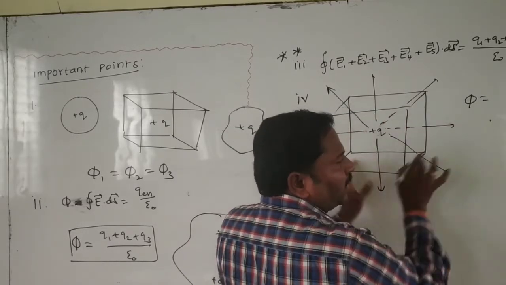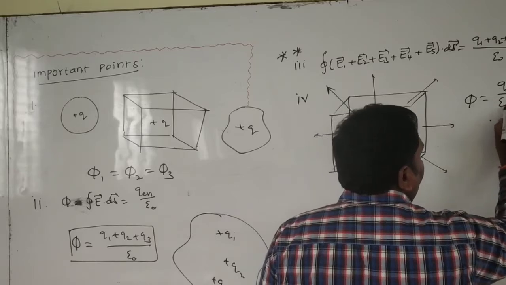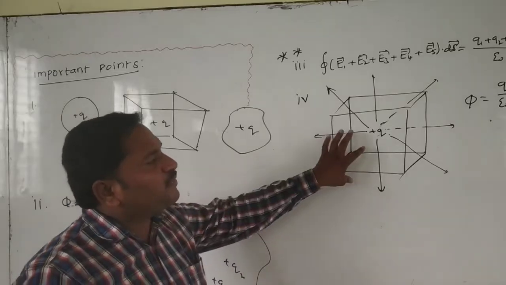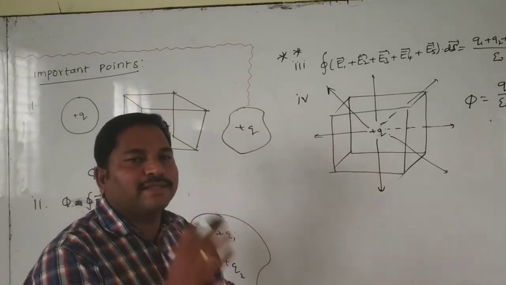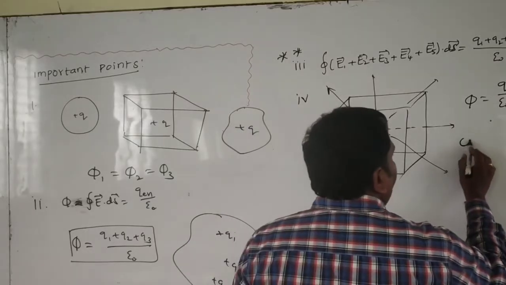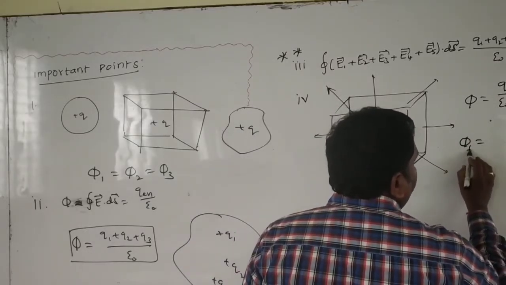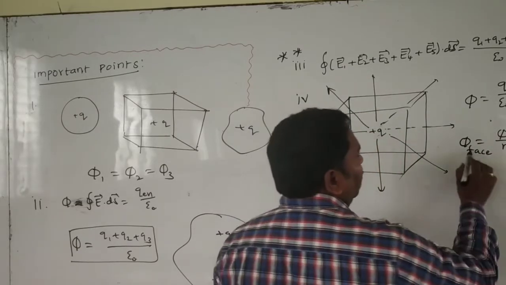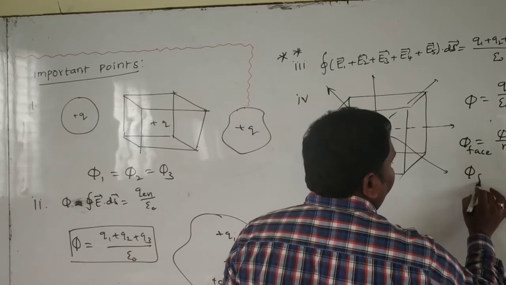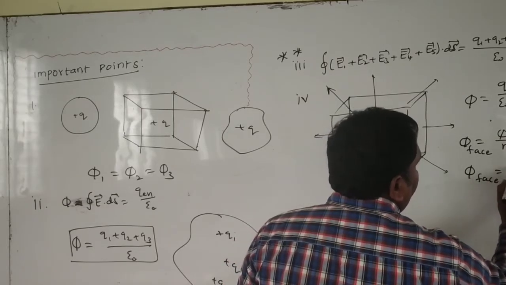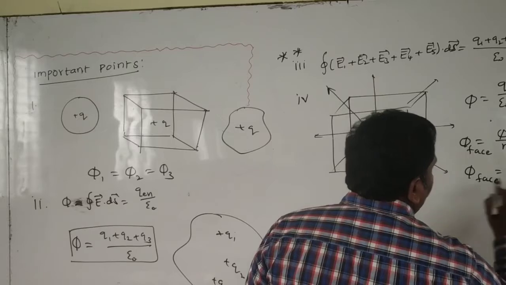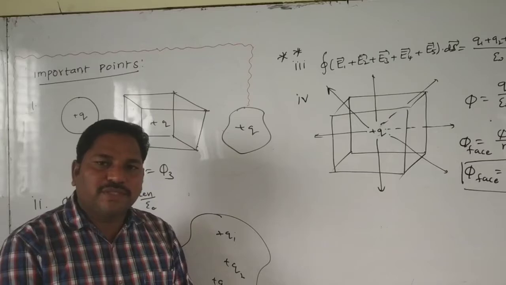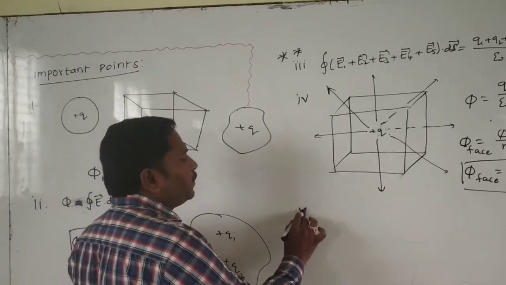Total flux equals total charge by epsilon naught. But we want to find how much electric flux each face gets. Let's say n faces are there. Then the flux through each face is q by n times epsilon naught. This is the expression for one single face.